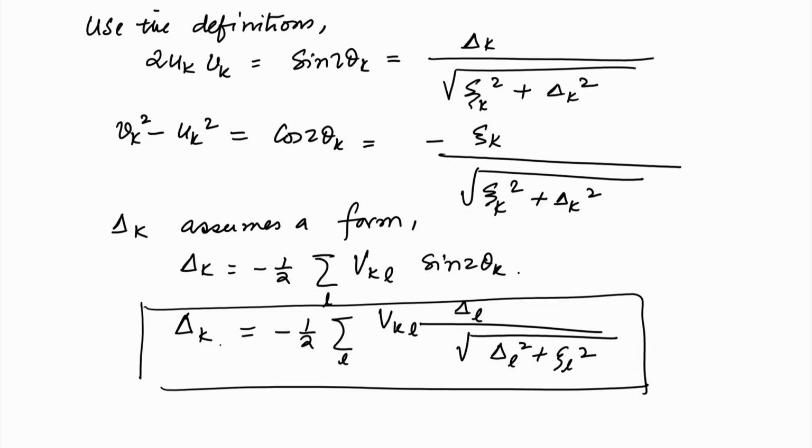So, the unknown quantity appears on both the sides. So, a trivial solution, as we said, is delta equal to 0.